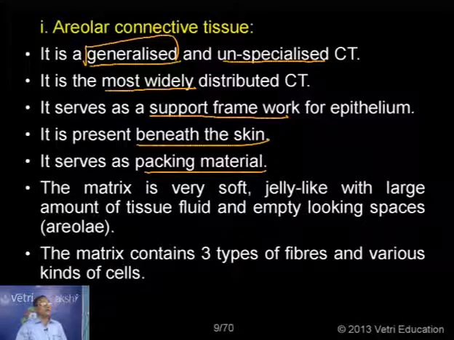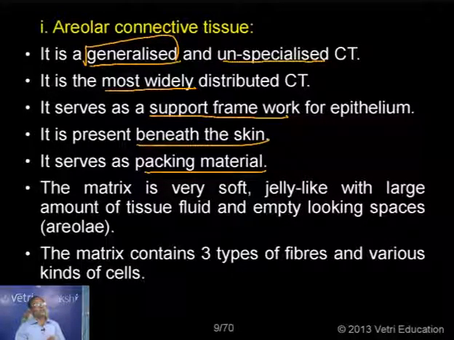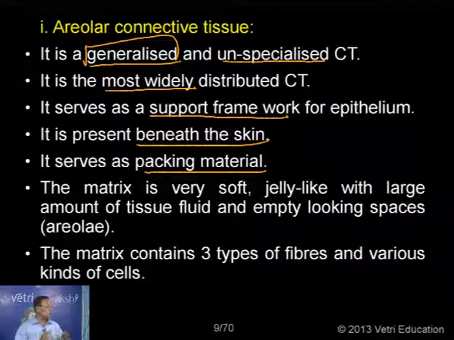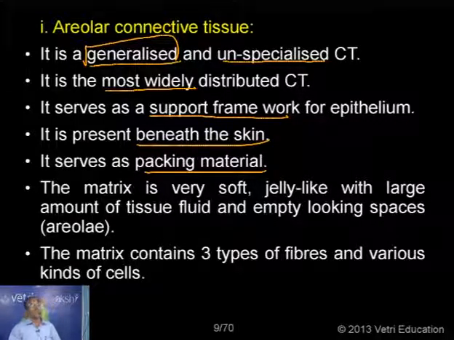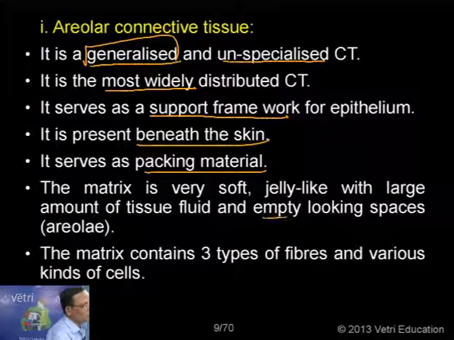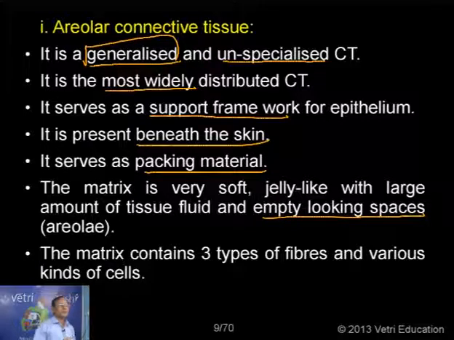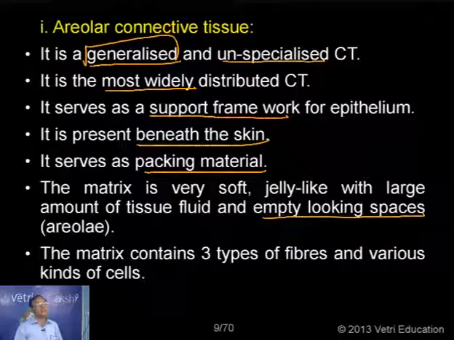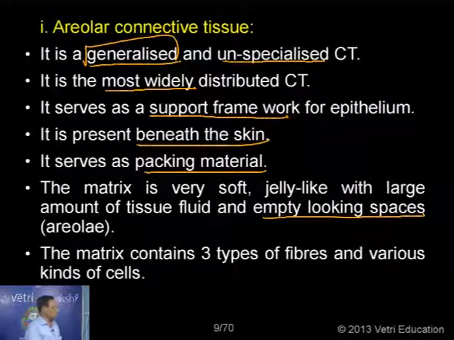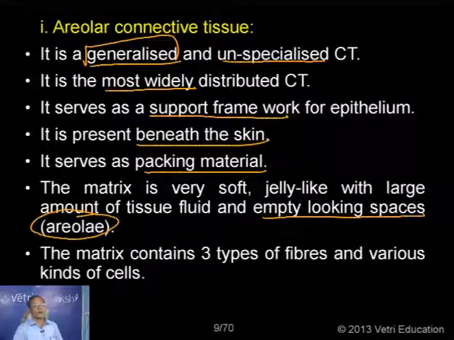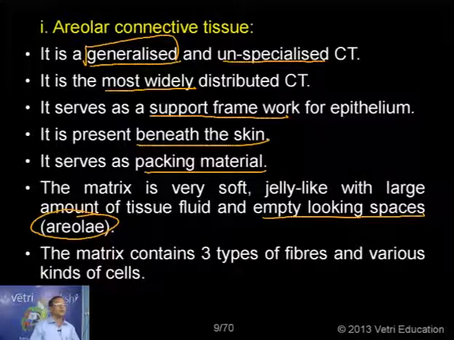As I mentioned earlier, the matrix is very soft and jelly-like with a large amount of tissue fluid, and we also have empty-looking spaces. But normally there is no empty space, only spaces that look empty. That means vast areas are found between the cells. That's why the name areolar was given. The vast spaces between the cells, apparently looking like empty spaces, are called areolae.